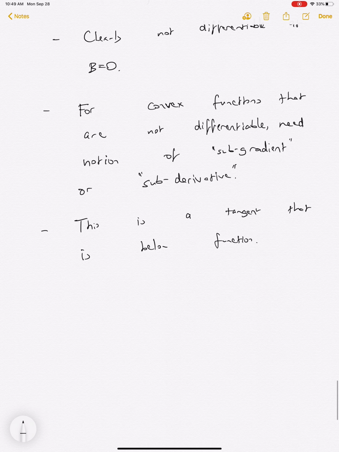Again, I'm going through a lot of things about convexity very quickly, so I encourage you, if a lot of this is not making sense and you want to learn more, to read a little bit more about convexity and its properties.